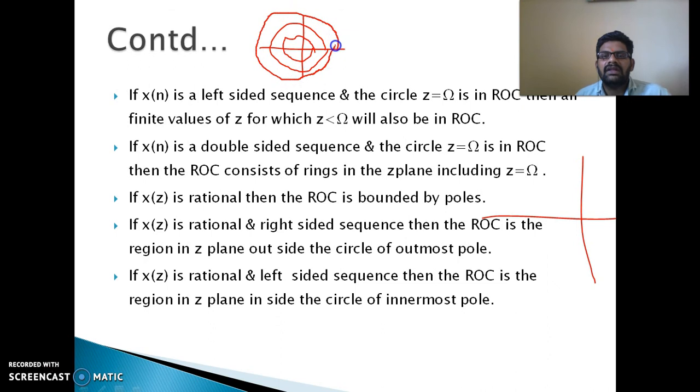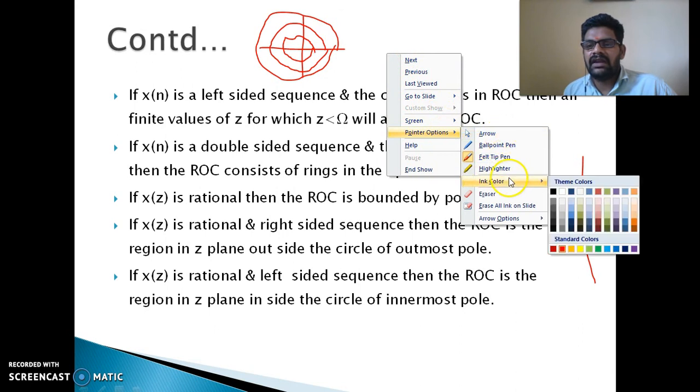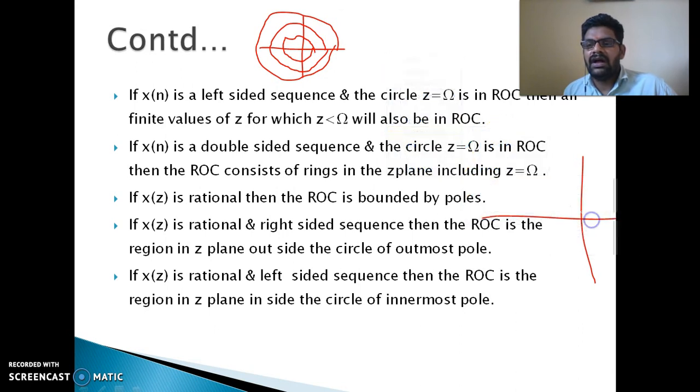If the function is a right-sided function, then the ROC is outside of the outermost pole. This is the outermost pole, and the ROC is outside of it, and the remaining 2 poles do not come into this ROC.